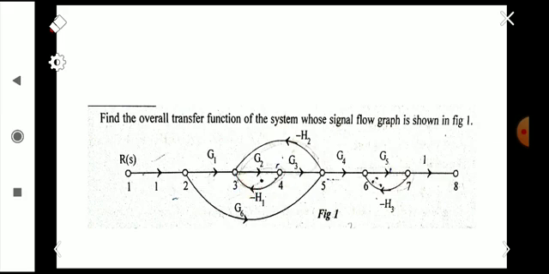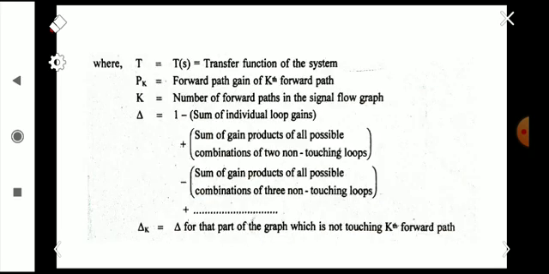The next loop is G2 G3 minus H2, so minus G2 G3 H2 will be the gain of this loop. The other one is G5 minus H3, that is minus G5 H3 will be the loop gain of this feedback loop. So the equation is 1 minus sum of individual loop gains.